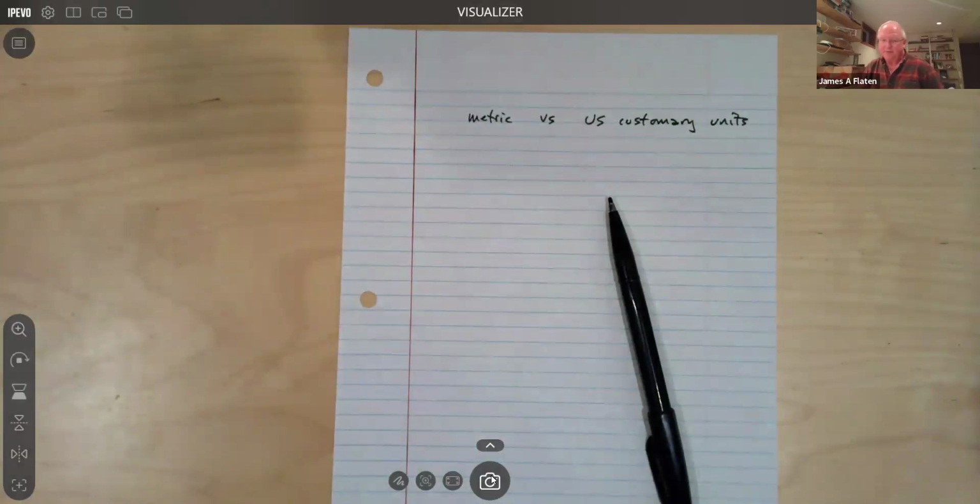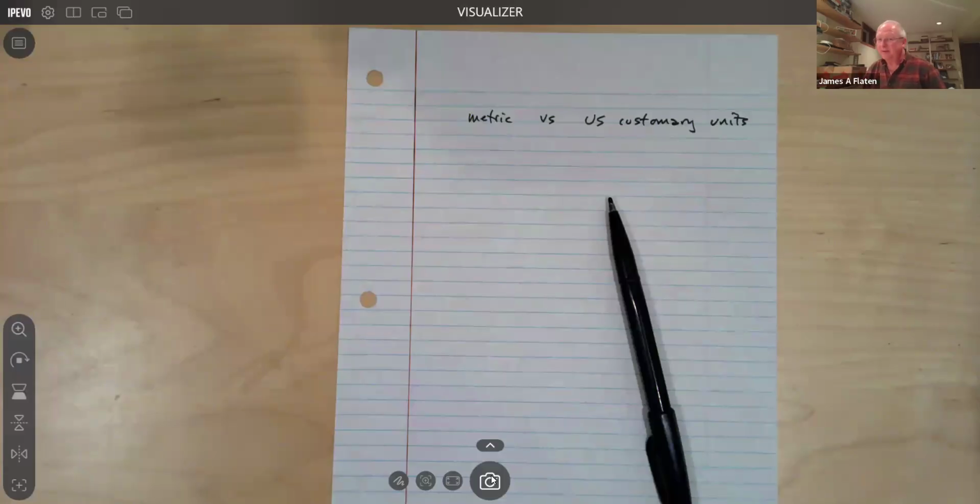Some calculations are easier to do in one system or the other. And if you know how to convert units, you can do a calculation in metric and then convert to US customary or the other way around. In the case of rocketry, in the case of aerospace, a lot of the rules are written in US customary units. And so ultimately you need to know, is that faster than 25 feet per second or not?